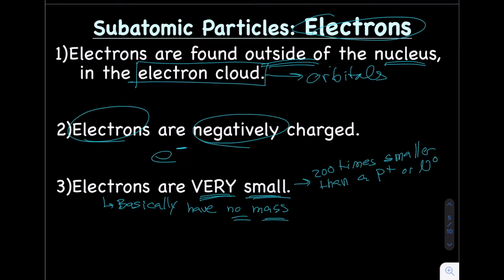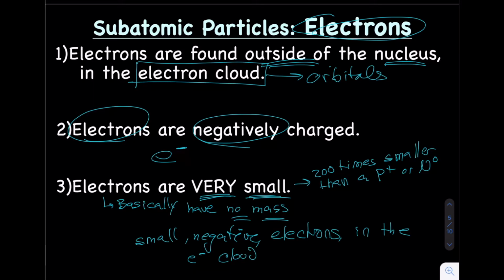All right, so let's see. We have very small negative electrons in the electron cloud. All right, so quick review.